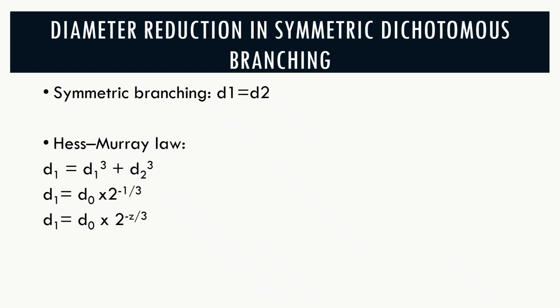Numerically, this represents a reduction factor of approximately 0.79 per generation. Using this relationship, the average airway diameter at any generation Z is given by the parent diameter multiplied by 2 raised to the power of minus Z/3.